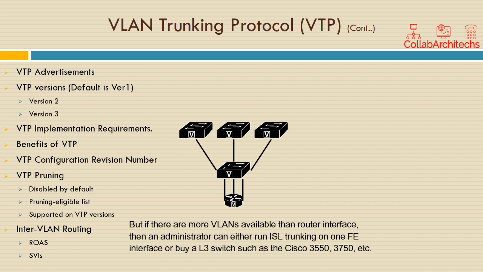But if there are more VLANs available than router interfaces, then an administrator can run ISL trunking on one FE interface, or buy a L3 switch such as Cisco 3550 or 3750.